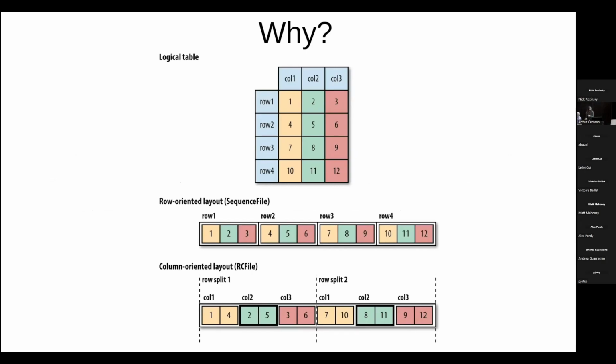So basically, GBAM is a BAM file, but each alignment record in it is split between different columns so that it becomes possible to skip certain fields in the data if you don't need them. Like in the image, you can imagine that the second part of the image where it says row oriented layout, it's essentially a BAM file. So each row is compressed separately.